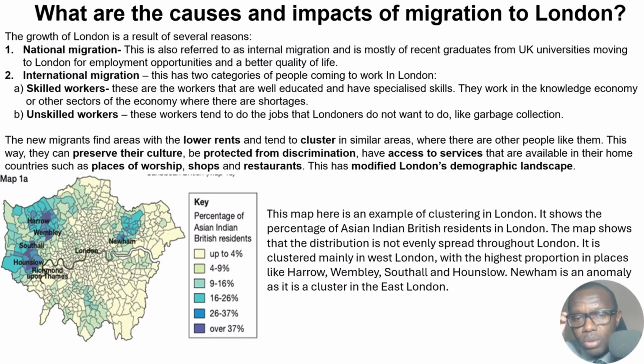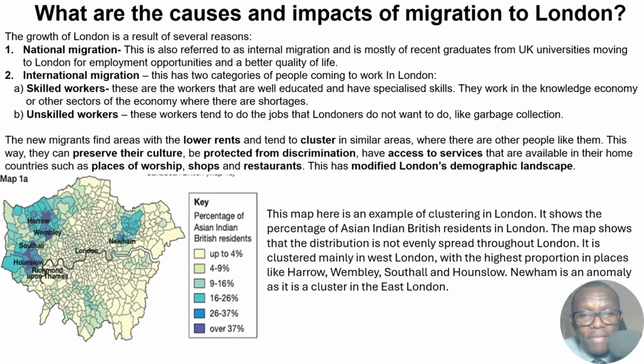So, for example, the UK in the last few years has been in need of doctors and nurses, and these doctors and nurses have had to be recruited from other countries. So that is an example of skilled workers coming into the UK.